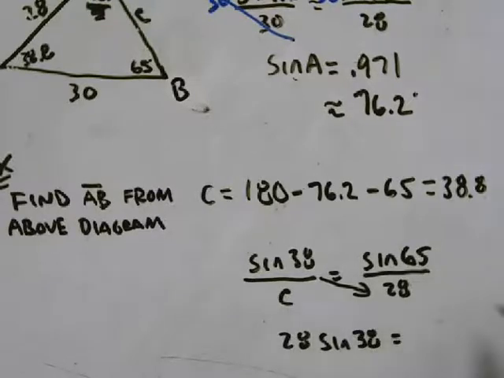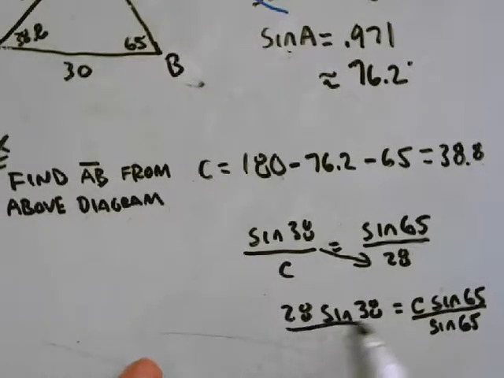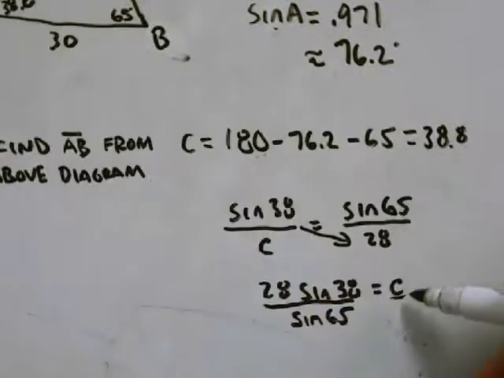Divide both sides by sine 65 in order to get that variable alone. 28 sine 38 over sine 65 will equal C. In this case, notice you're not taking a sine inverse. There's no sine here. So once you punch this into the calculator, this will be your answer.